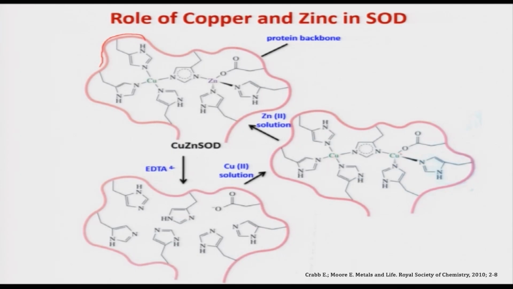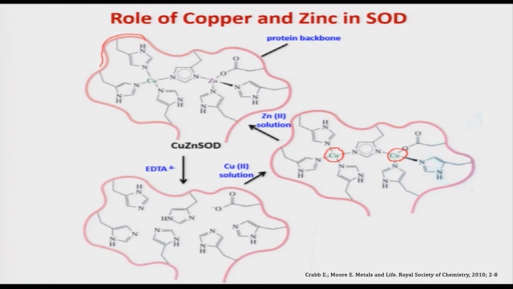These two copper ions are sitting and ligated to the histidine residues, and it has been found that this dicopper unit is also active towards superoxide dismutase activity. However, it is not thermally very stable.